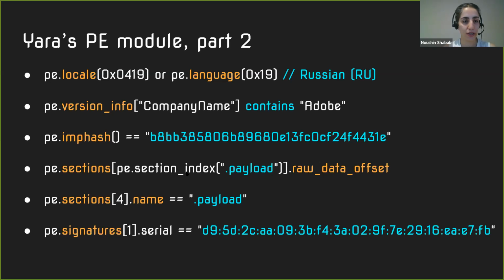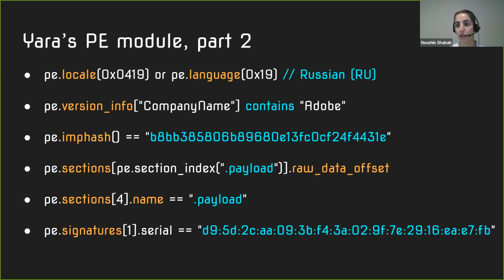Another set of useful information for the PE module, you can use pe.locale or pe.language that can show the language information used in the file. This could be from resource entries and left in the file because of the compiler being used on a system with a specific language, or the compiler itself might be a specific version for some language.